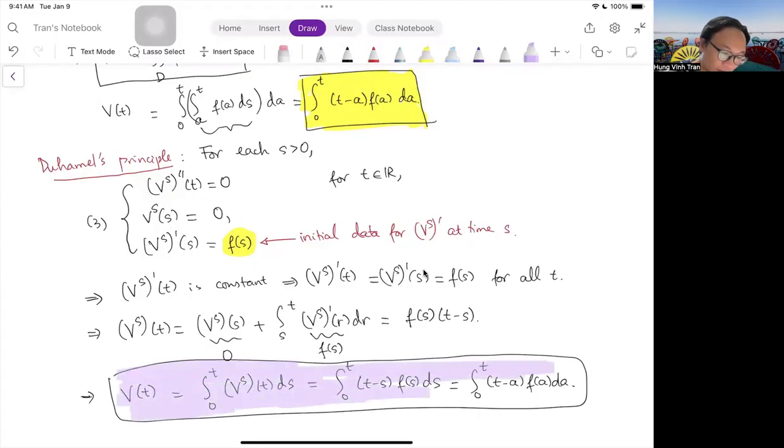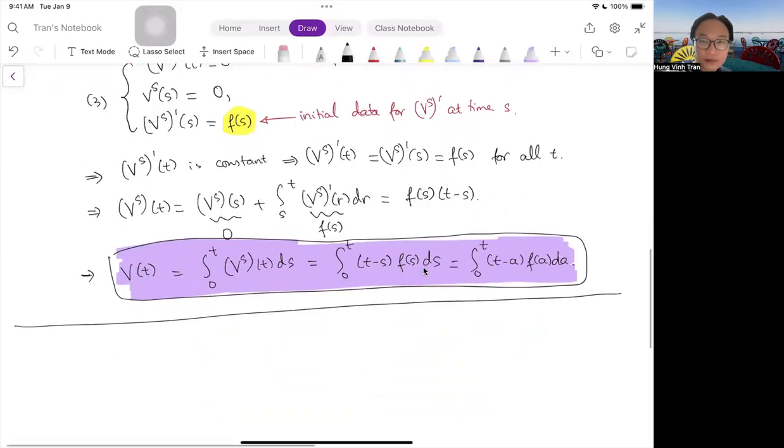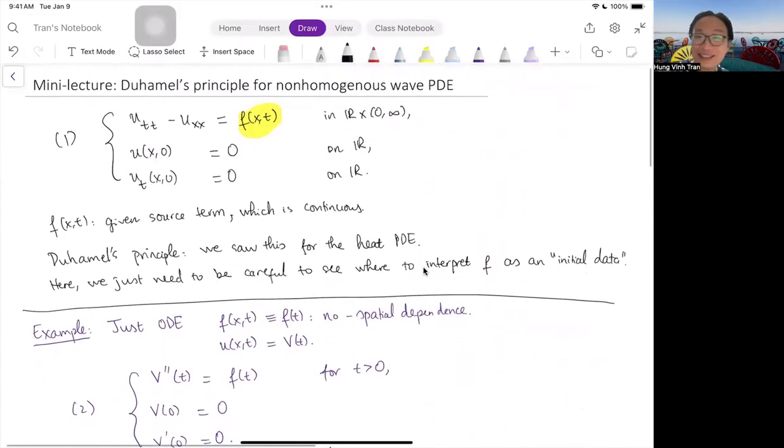Because of that, now I know exactly what to do for a more complicated problem, which is the wave equation. So it has now become quite simple. Let me recall the wave equation: u_tt minus u_xx equals f, where f is a source term.